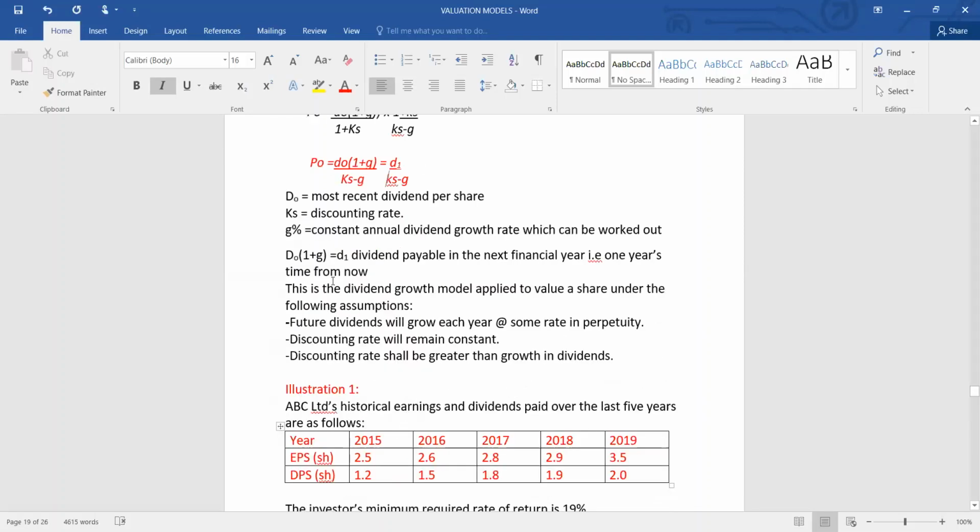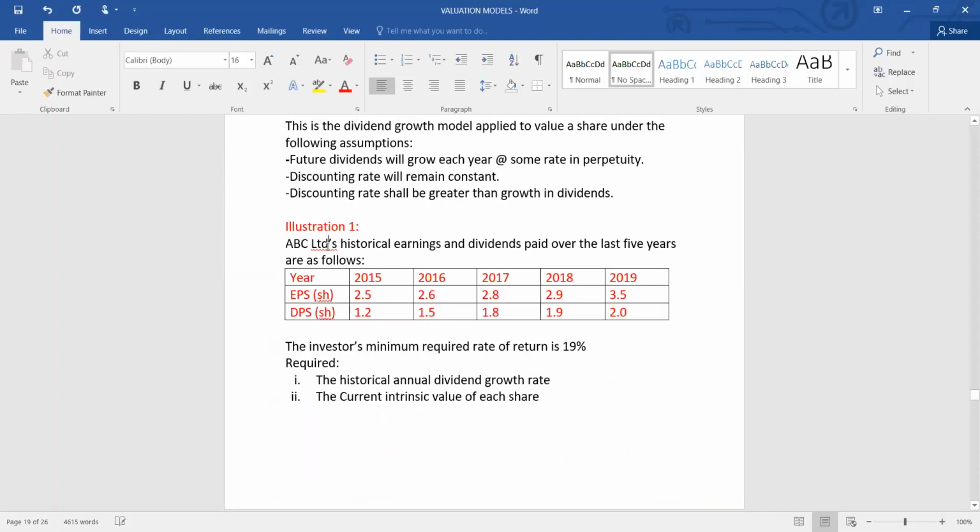I've given a small example here, which I want us to go through very fast. ABC Limited's historical earnings and dividend over the past 5 years, the year 2015 up to 2019, are as follows. Comparative data, earning per share and dividend per share. Just check, what are you observing on the pattern of the data? Growth. All of them are growing. Earning per share is growing.